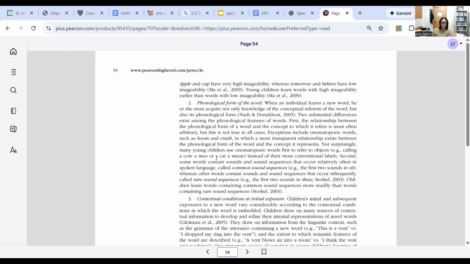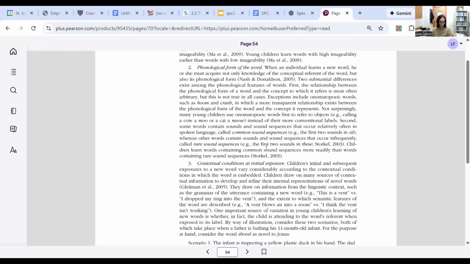So the word is the symbol. If the symbol out of my mouth is boom, and that represents something that crashes, because there's that relationship, those words are going to be learned a bit easier than words that are completely abstract, where there's no relationship between the word and its referent, or what it's referring to.